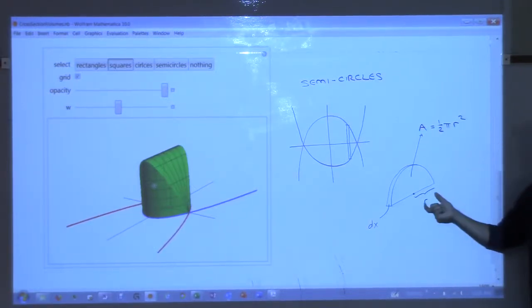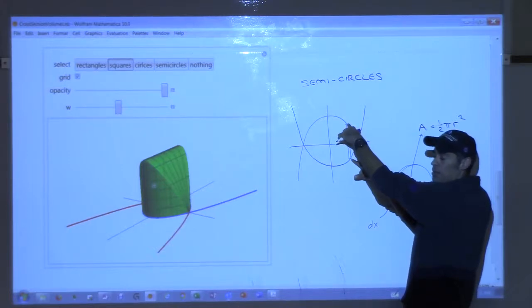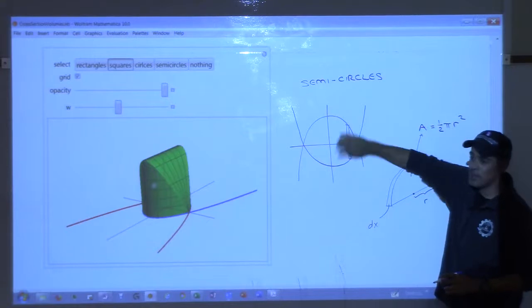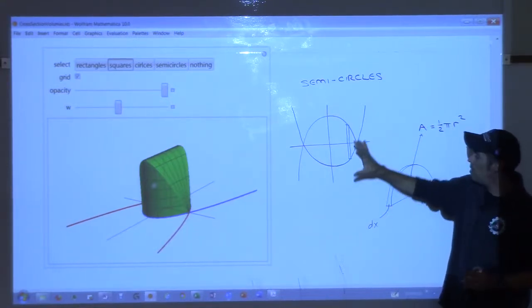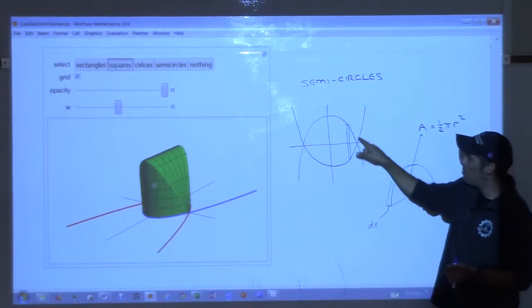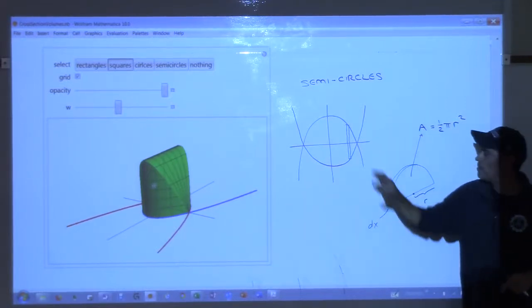But what's the radius for us? What's the radius? It's half of the distance between these two, right? Now, this problem is symmetric, like the top and bottom are the same, but they don't always have to be. So you always want to look at the distance between these two and take half of that distance. Do you understand what I'm saying? Like if this parabola was here, but then there was maybe a line coming through here, you couldn't just take the top half.